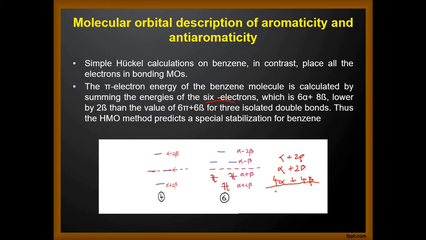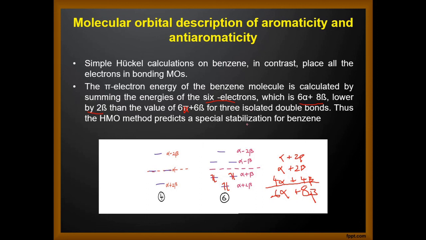So if you sum up, this becomes 6 alpha and this becomes 8 beta. So we have 6 alpha plus 8 beta, lower by 2 beta than the value of 6 alpha plus 6 beta for 3 isolated double bonds, okay.